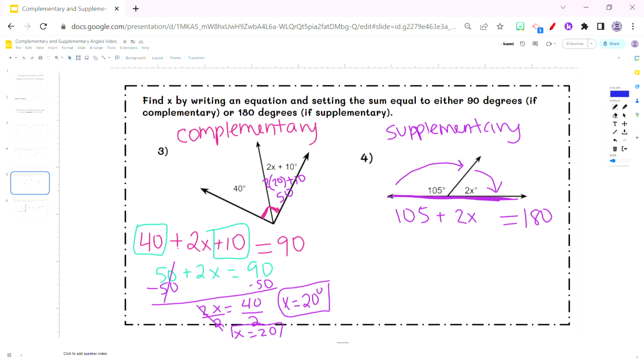We're going to now start solving by subtracting both sides. We're going to subtract 105 on both sides. And then we are left with 2x is equal to 180 minus 105, which gets us 75. And then we're going to divide both sides by 2, and that'll get us x is equal to 37.5.